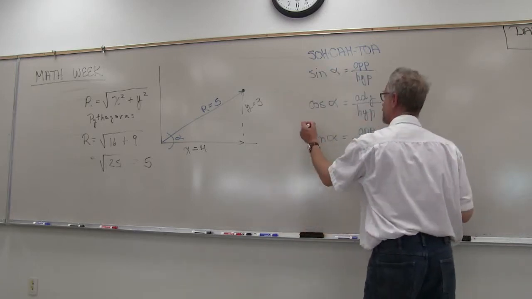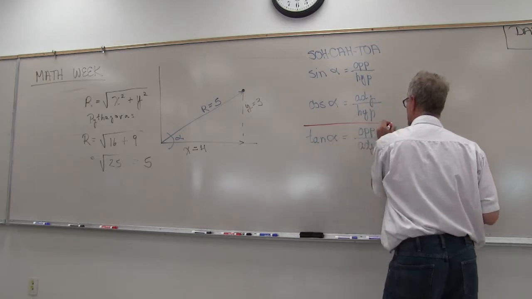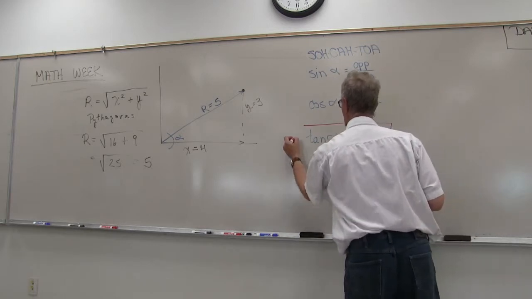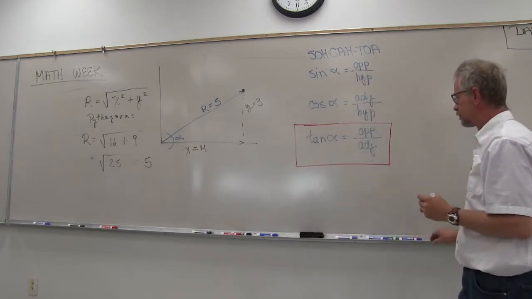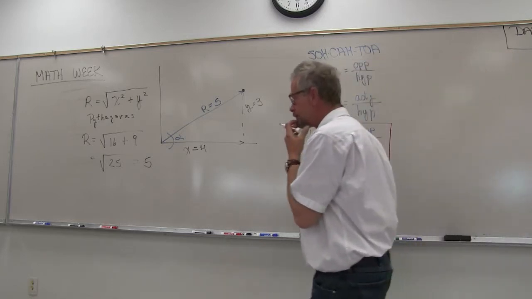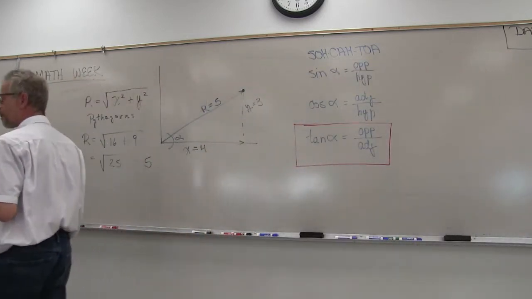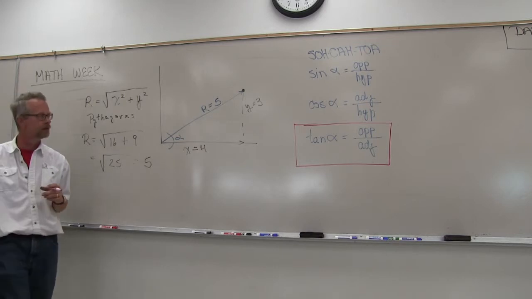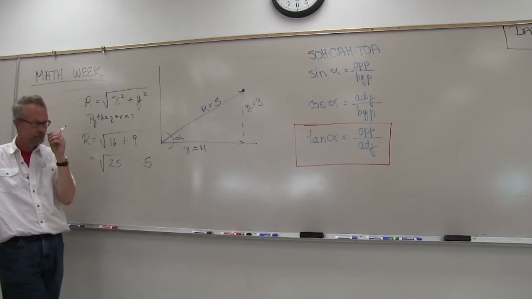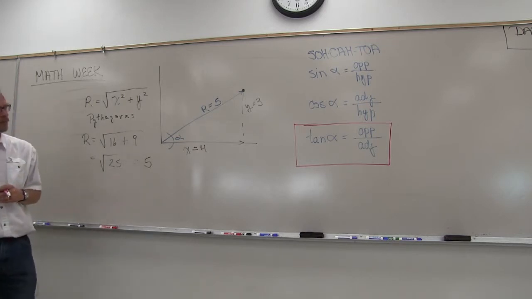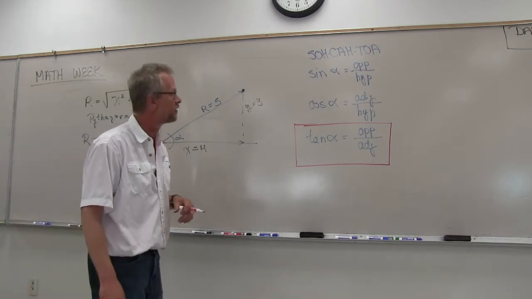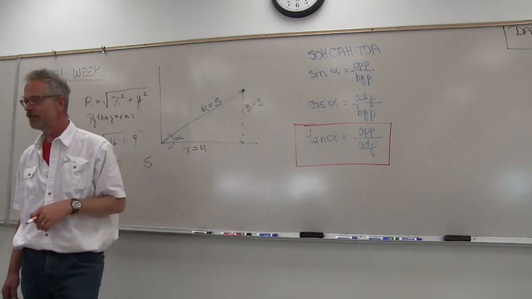The one we're going to use is this one. The tangent of the angle is equal to the opposite over the adjacent.